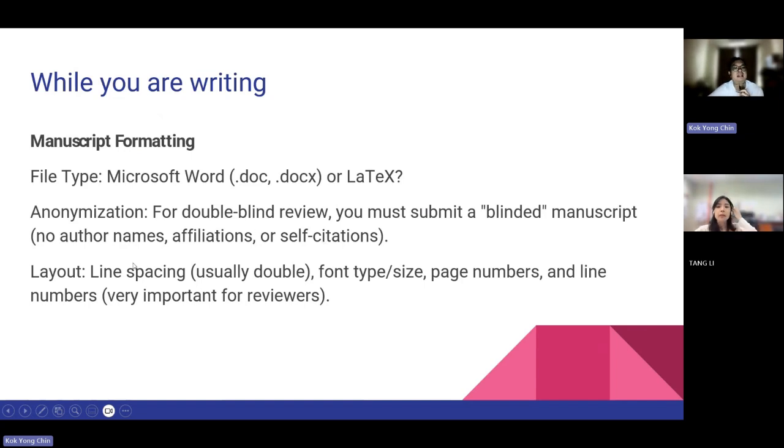And for layout, you have to make sure the line spacing, font sizes, page numbers, and line numbers are according to the requirements of the journal. Sometimes line numbers are quite important because reviewers, when they want to make a comment, will refer to which line. So sometimes journals ask you to put down line numbers. Otherwise, it's not necessary.